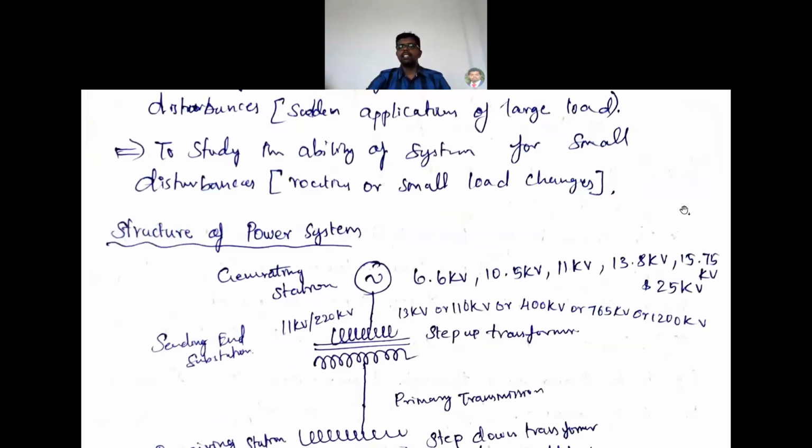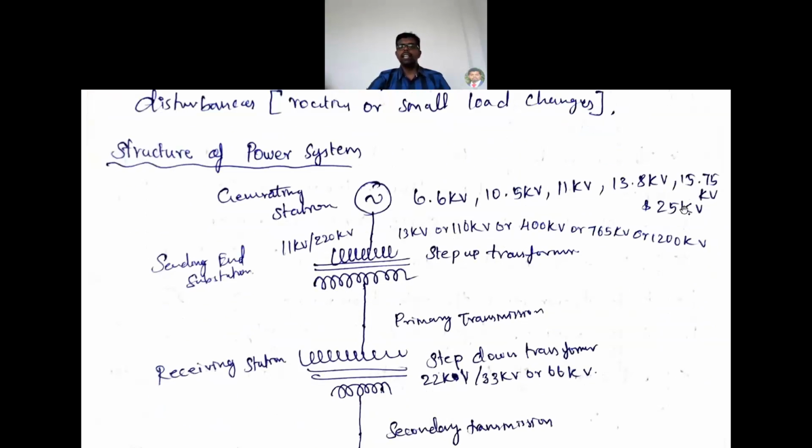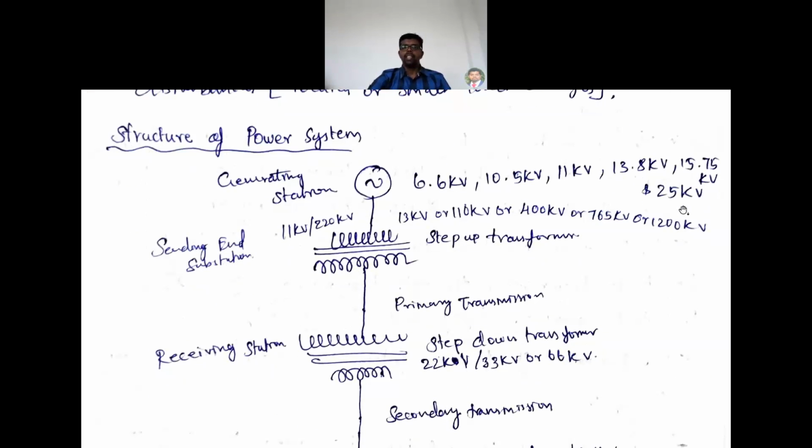Next, structure of power system. This we already studied, just a glimpse. In India, if you take the generating station size, these are the different generator sizes: 6.6 kilovolt, 10.5 kilovolt, 11 kilovolt, 13.8, 15.5, 25 kilovolt. These are some of the generator ratings throughout the world.